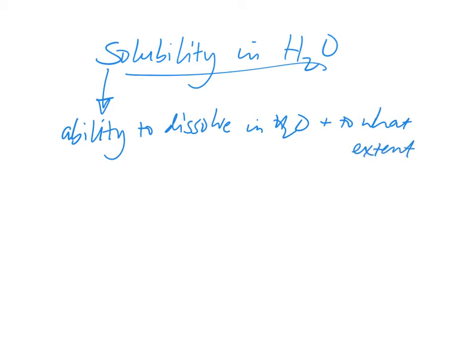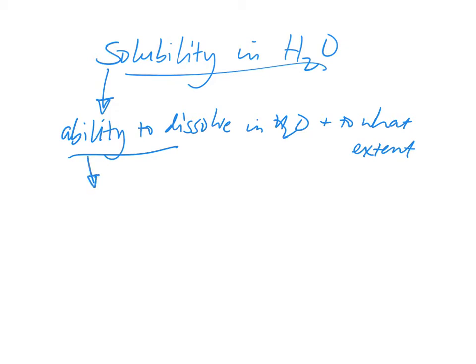And usually what we'll do is talk about that a little bit in terms of how much of the substance dissolves in water at certain environmental conditions, so temperature, pressure, all that sort of thing. But we'll get into that later in the course. So, for us, the first thing to simply understand is, how does something have the ability to dissolve in any solvent, specifically in water for this particular purpose?